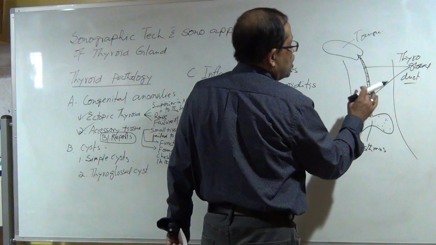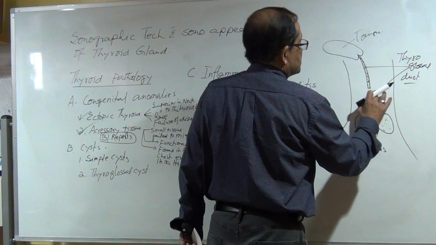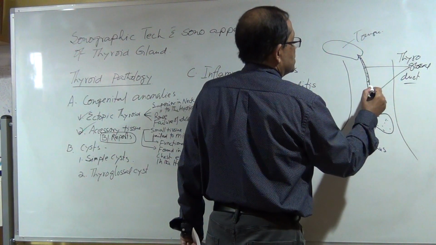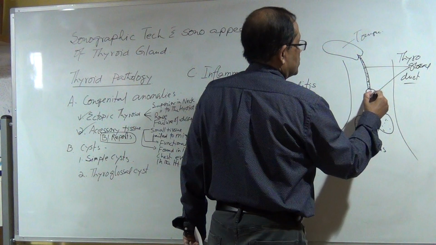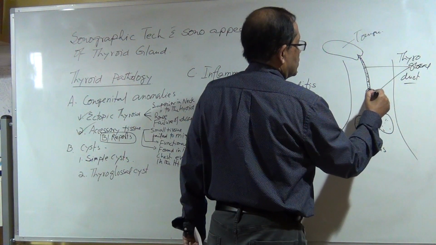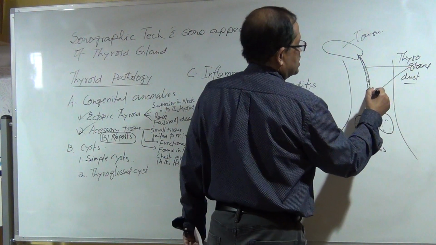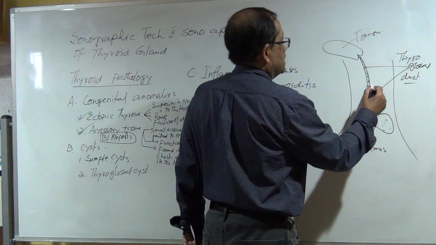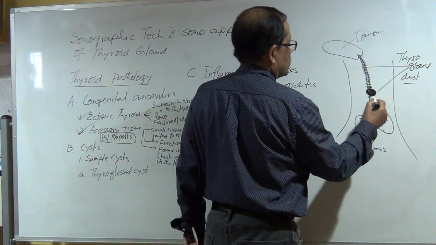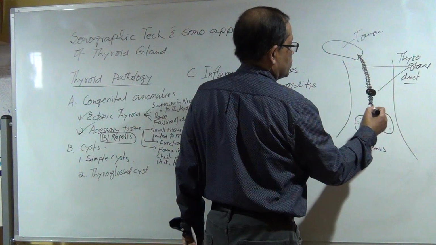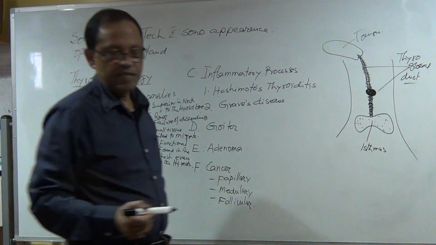So if it is not fibrosed at a certain point and it is still alive like this, when a piece is still alive and the rest of the part is fibrosed, then this is known as a thyroglossal duct cyst.